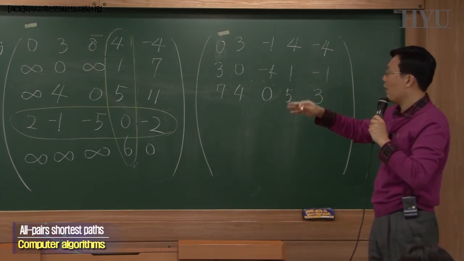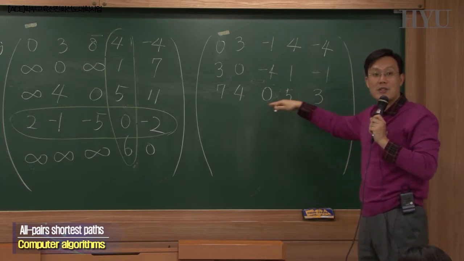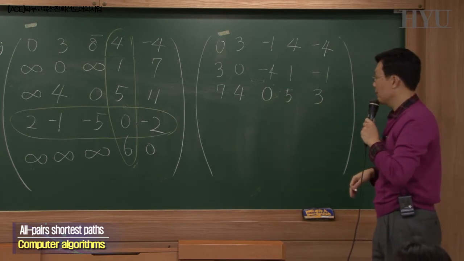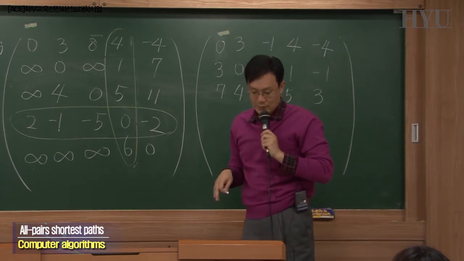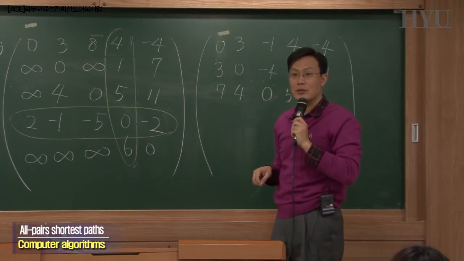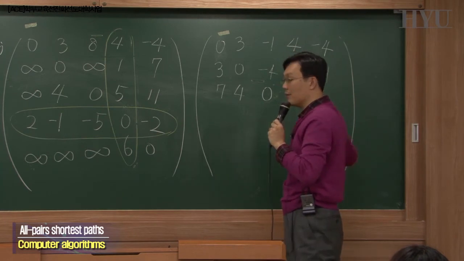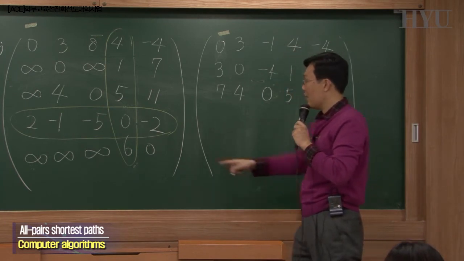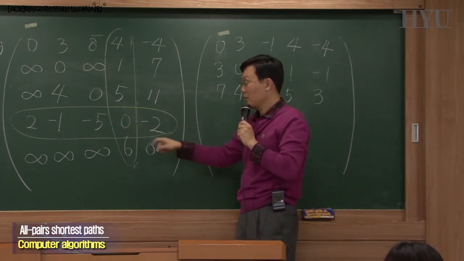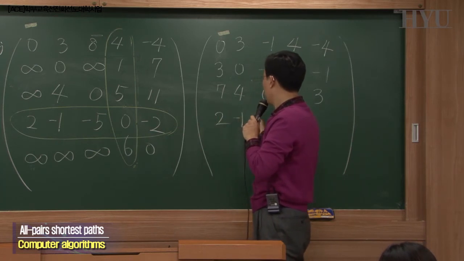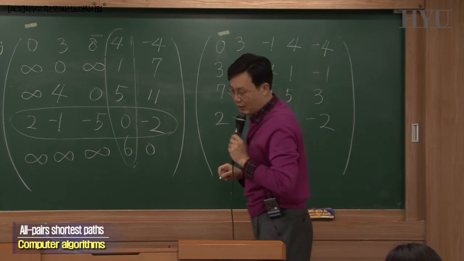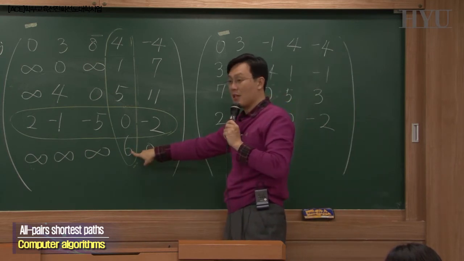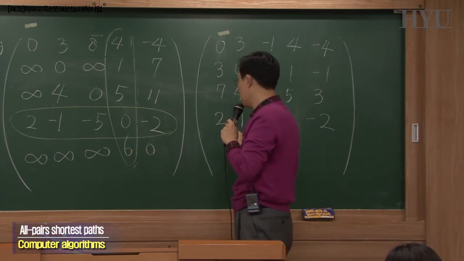And after the comparison, we reuse these values. How about this? The same, because it is 0. Finally, in this case, it's 6. So they are 6.